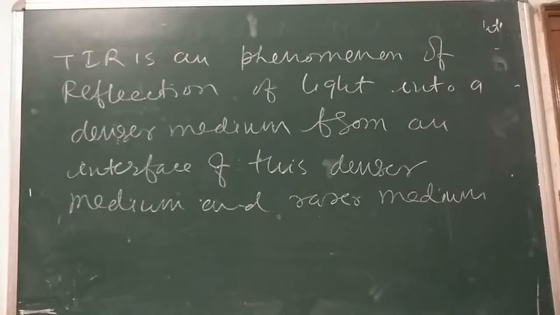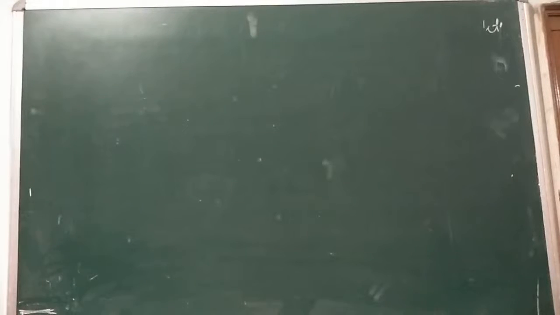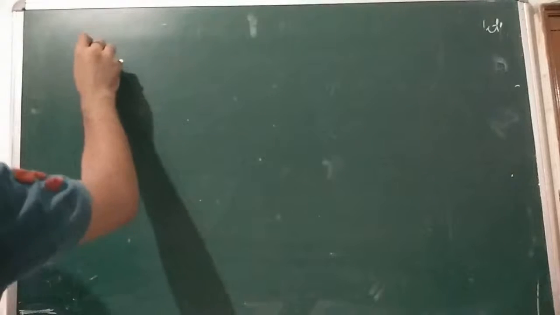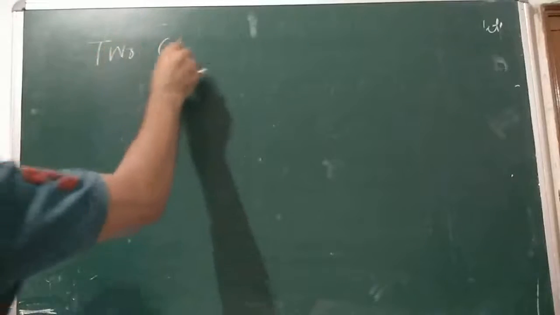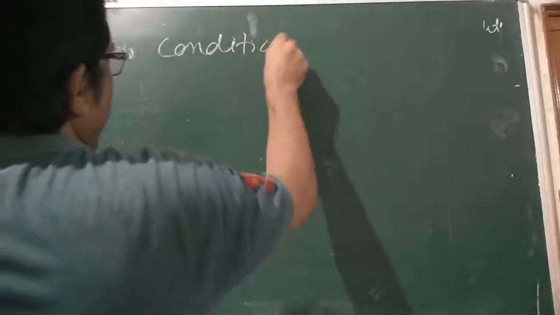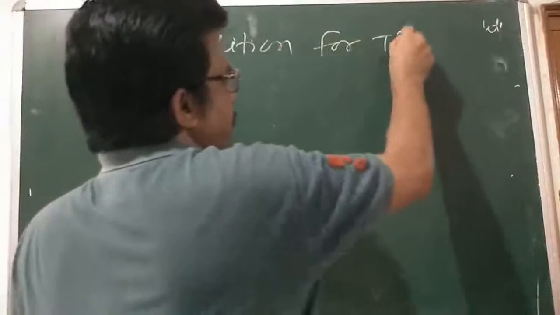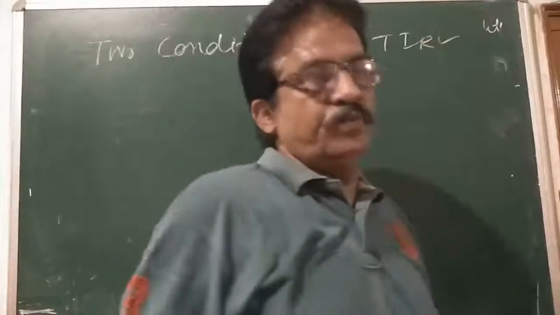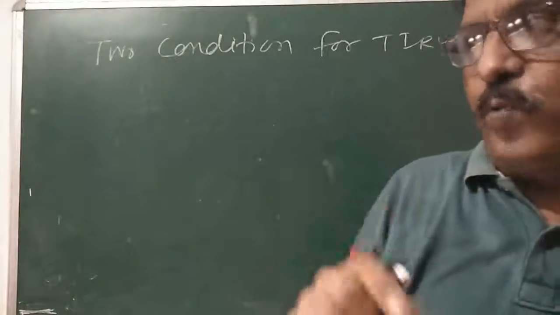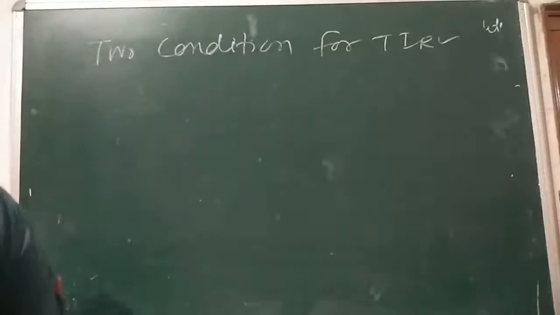This is TIR. What are the essential conditions for TIR? Two essential conditions for TIR. First, the ray should go from denser medium to the rarer medium.